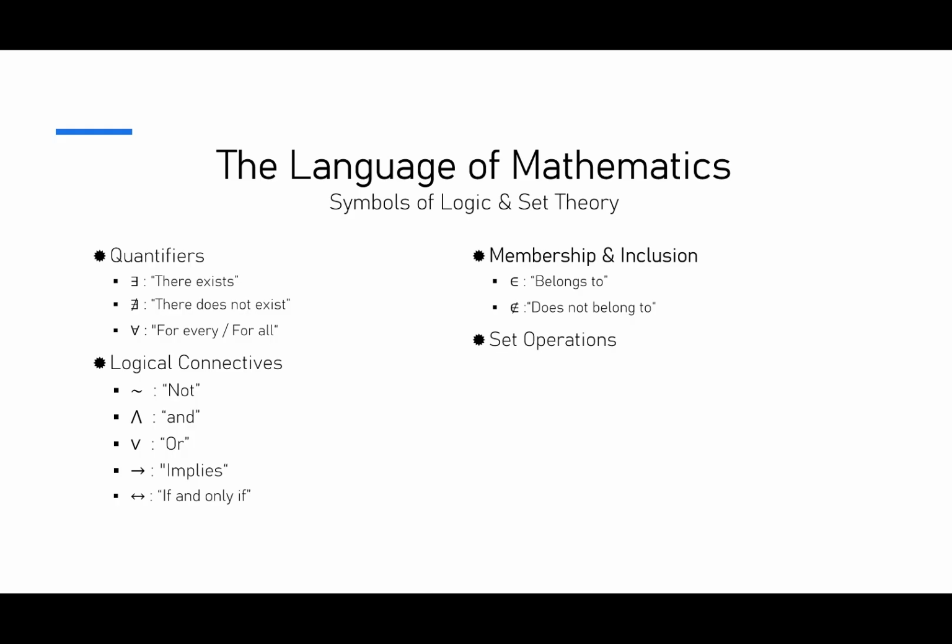Fourth, how do we combine and analyze the sets themselves? We use set operations. These function like addition or multiplication, but for collections of objects. The upward U represents the union of sets, creating a single new set that includes everything from both original sets. The downward U stands for intersection, forming a new set that includes only the elements that are shared by both original sets.